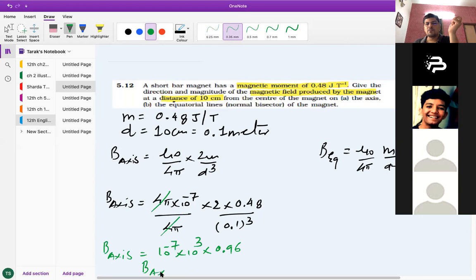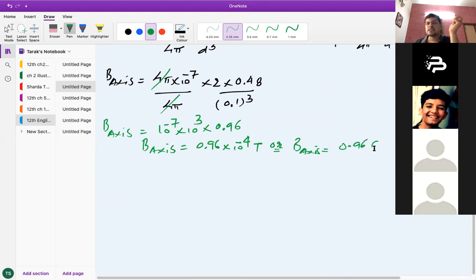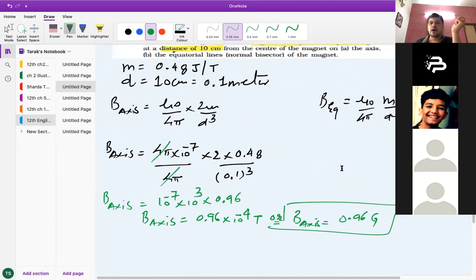So our value of B of x is 0.96 cross 10 to the power minus 4 Tesla, or you can say B of x is 0.96 Gauss. Now I will use this data rather than calculating everything again and again. I have another expression, B of equator.